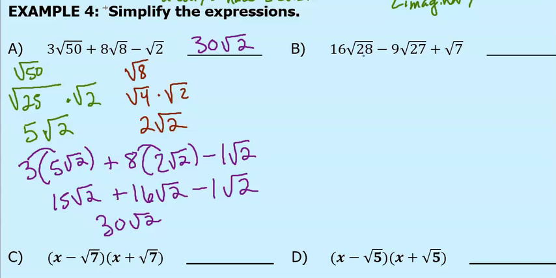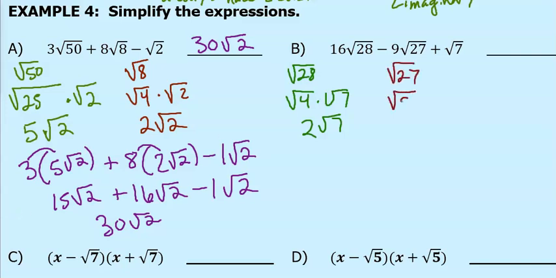B, 16 times square root 28 minus 9 square root 27 plus square root 7. Okay, let's simplify square root 28. That'd be 2 square root 7. Let's simplify the square root of 27, which would be 3 square root 3.